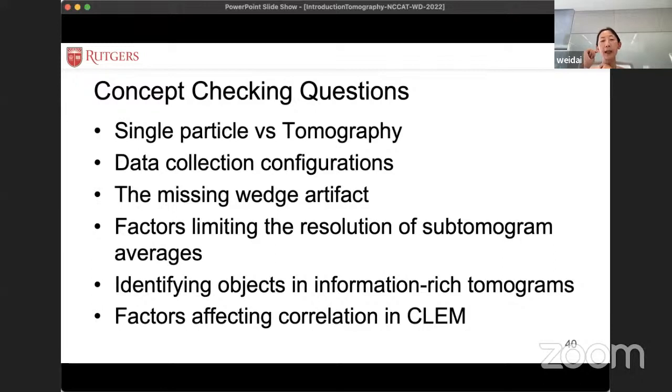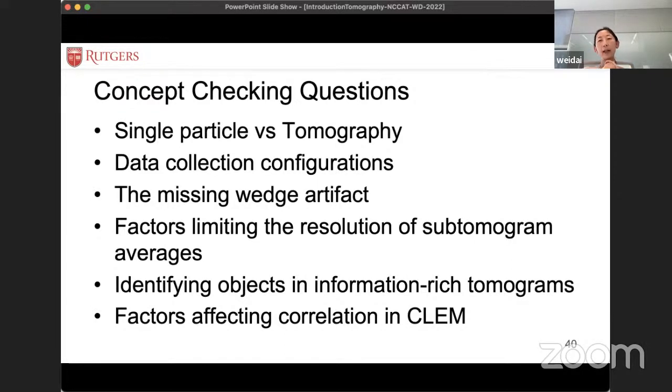And for data collection configurations, there are other parameters we need to consider when performing your data collection. I only covered very limited, very simple steps, not, for example, the imaging scheme. Those you probably want to talk to NCCAT staff about to make a good decision. It's ultimately determined by your sample and also by your project goal.